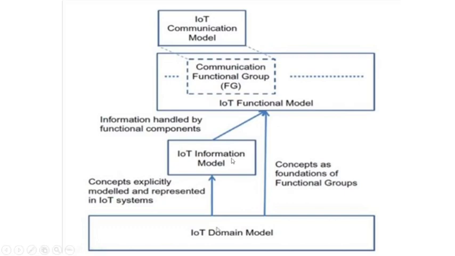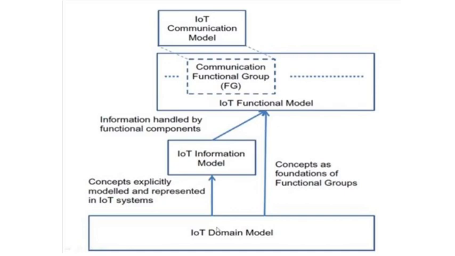After that, in the second layer, you can see the IoT information model, right? This information model generally handles the functional components, like generating or gathering the information related to this particular system. After that, we have the third block, which has various small departments in it.